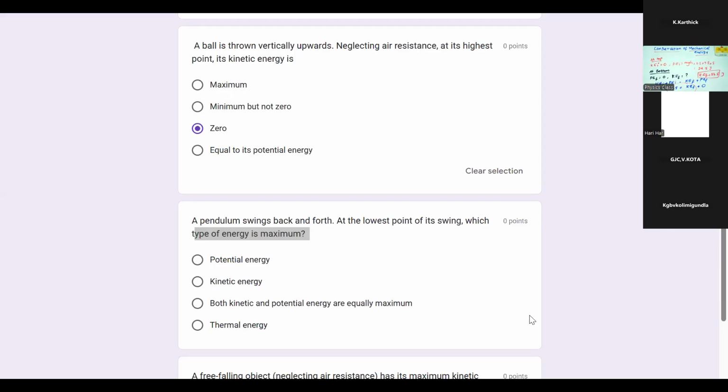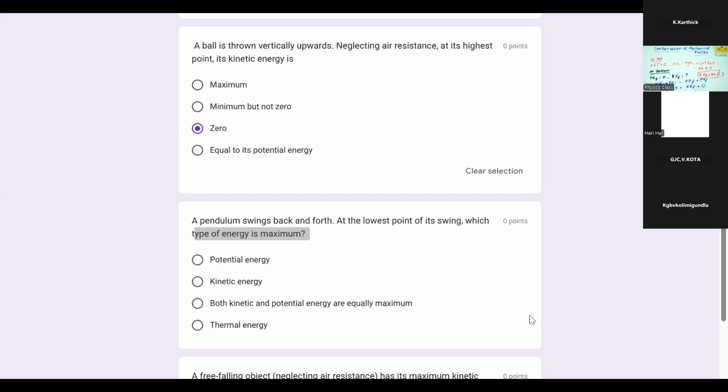Good. Then the next one, both kinetic and potential energy are equally maximum. That does not happen. When potential energy is maximum, kinetic energy is 0. When kinetic energy is maximum, potential energy is 0. So the speed depends upon kinetic energy.